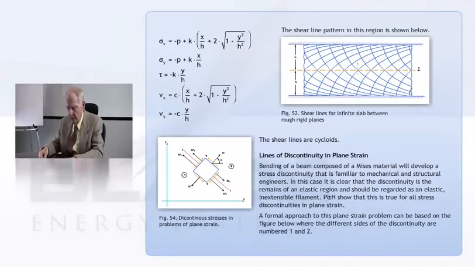The next thing to take a quick look at is what happens with lines of discontinuity, in the case of velocities. If you have a velocity discontinuity, how would you ever get it? It's really simple to imagine how that would happen.